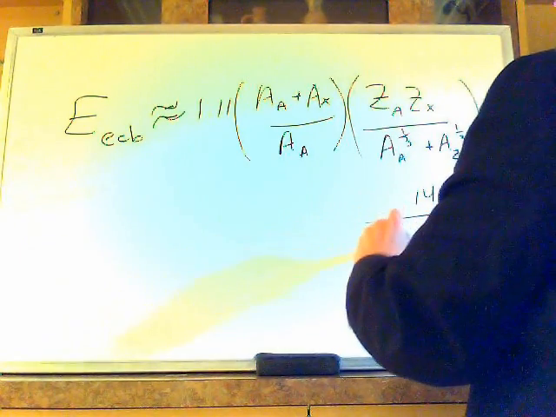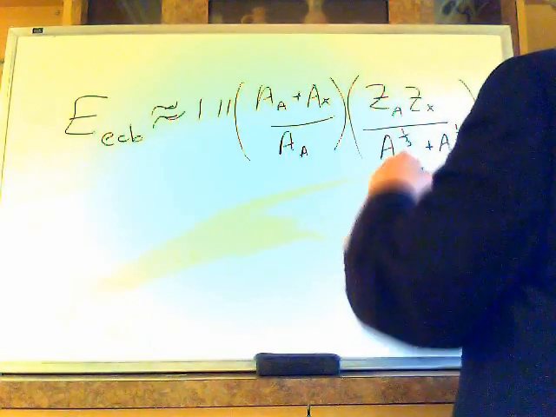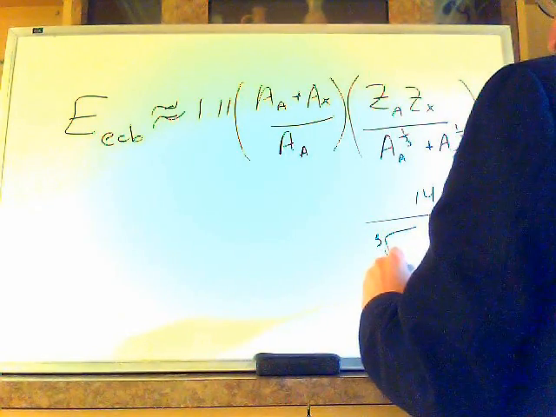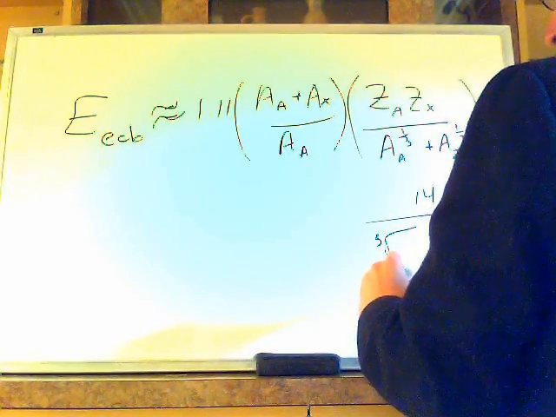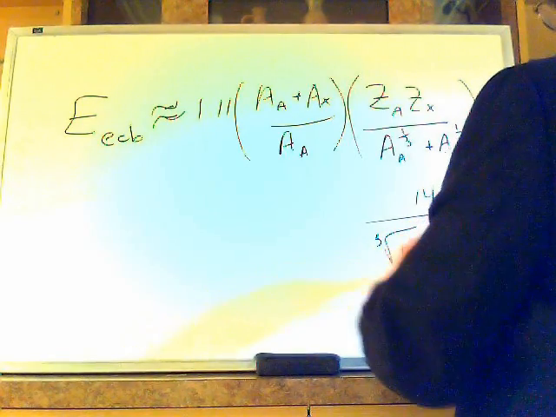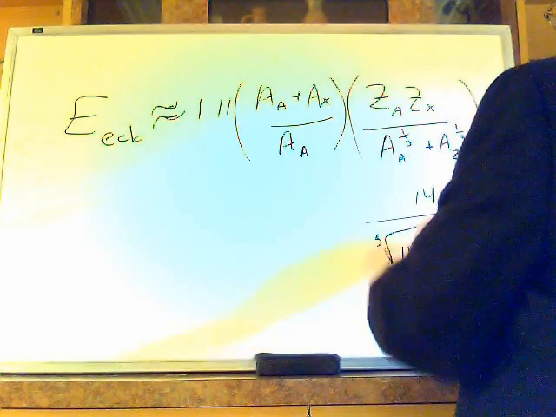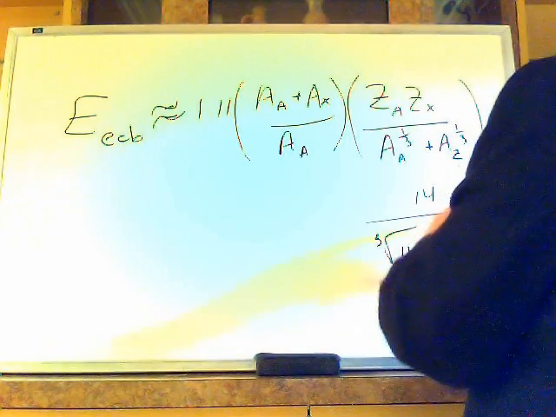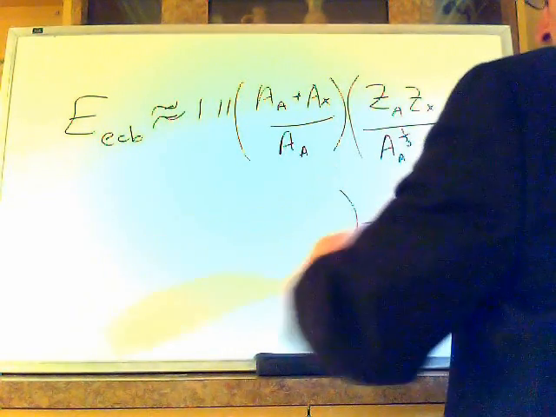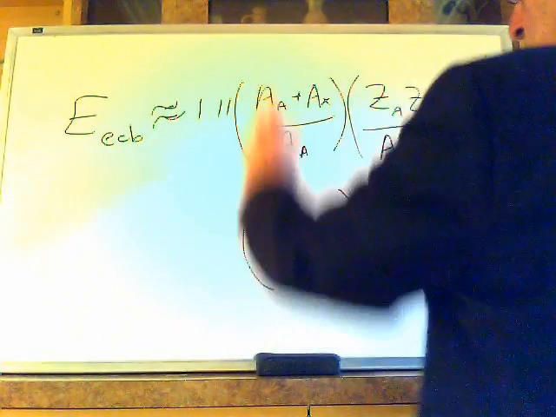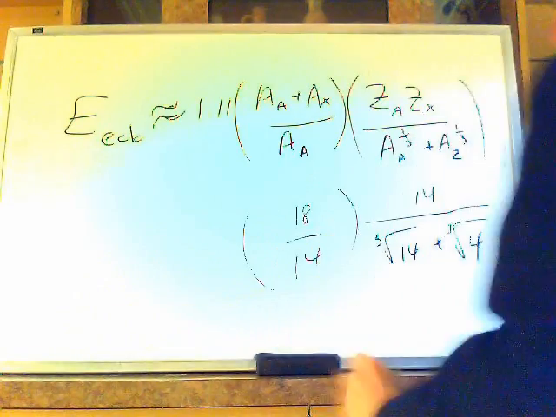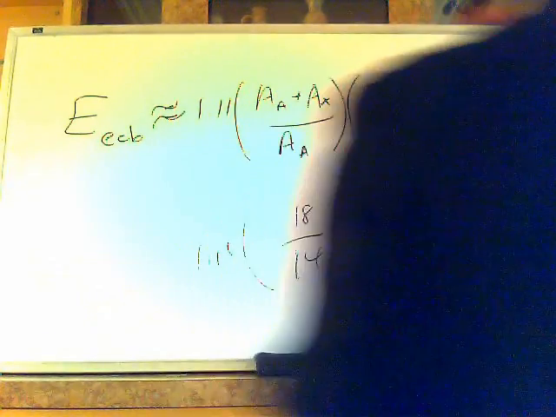And then down here this is going to be the cube root of the atomic mass, which was 14, the cube root of 14 plus the cube root of 4 for helium, and then this is going to be what it was before: 14 plus 4 is 18 divided by 14 times 1.11.